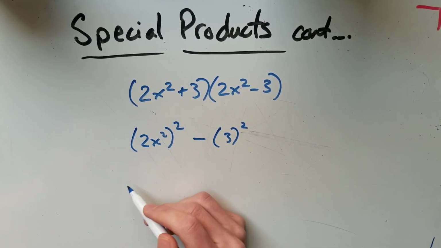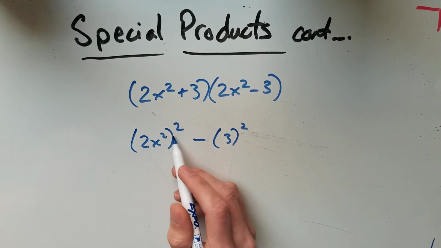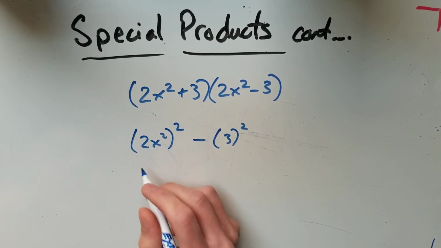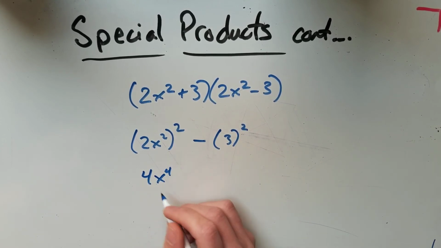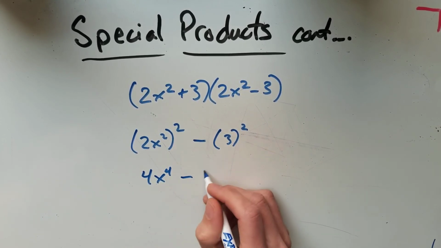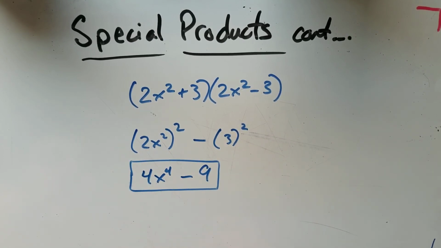And now you're going to just go ahead and simplify. So 2x squared, well, remember with this it's going to be 2 squared, which is 4, x squared squared, which is x to the 4th, minus 3 squared is 9, and then we're all done.